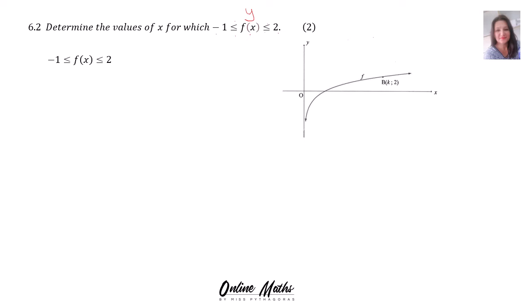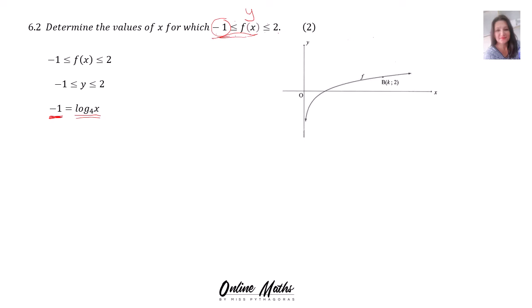So if you look at this part of your little inequality, this -1, that is a y value. So what you do there, in f(x)'s place, in the y's place, you substitute -1, and then f(x) is the equation that was given, log base 4 of x.